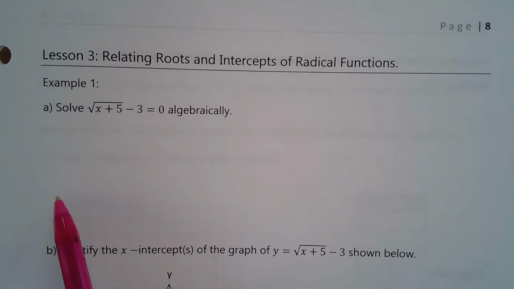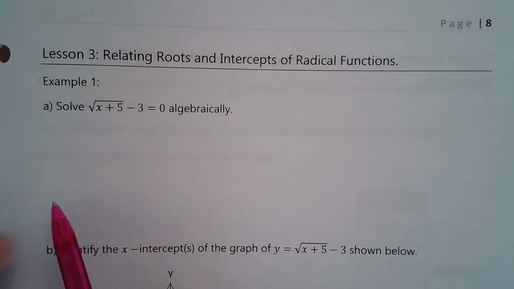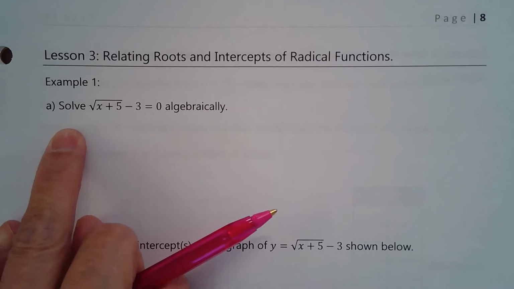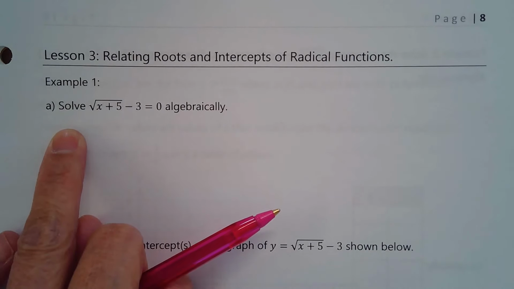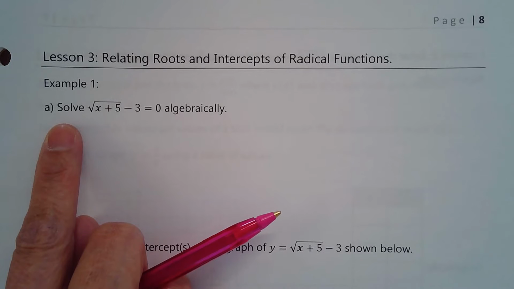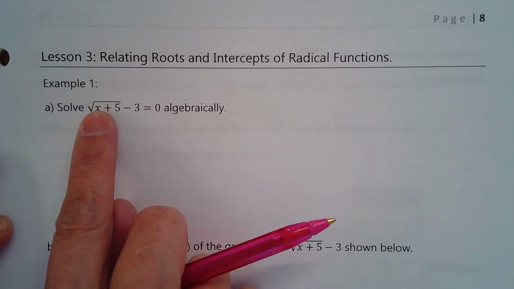What we're going to do is solve algebraically. When we look at the word solving, you've done this before. You've solved for a variable before, right? When we solve for a variable, we isolate the variable. So how do we isolate the variable x in here?